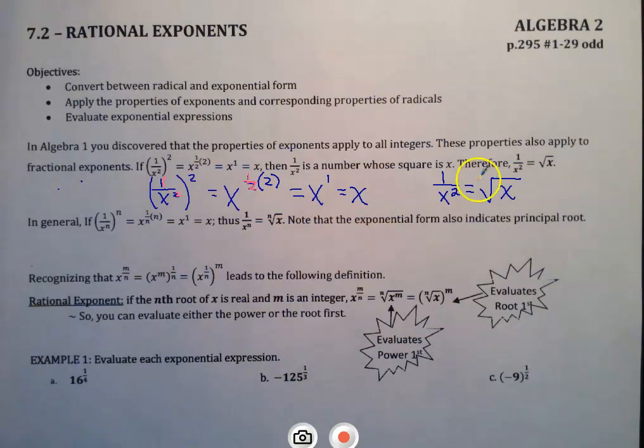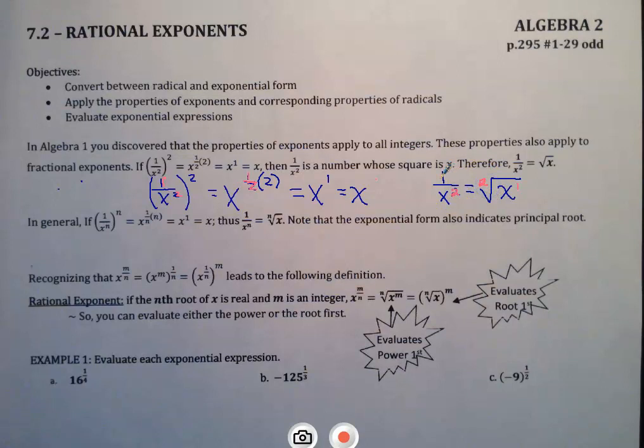But there is, in a square root, the index is 2. What's the power on this x? Yeah, right? Like, we keep the power here in the numerator, okay? The exponent here becomes the index.